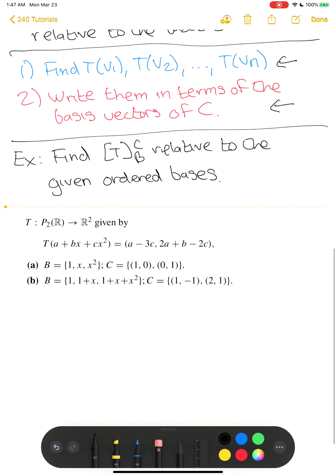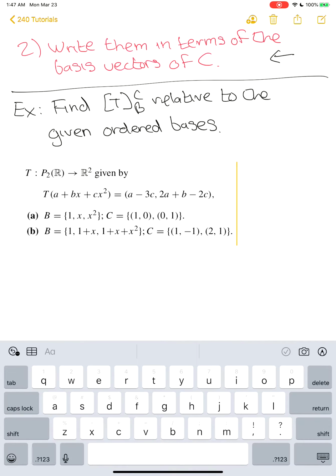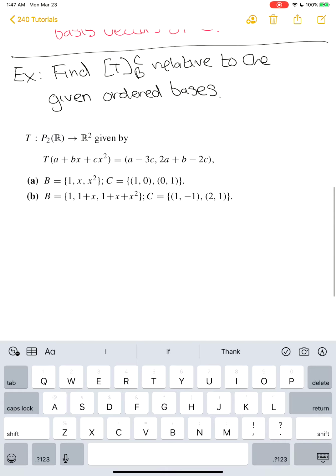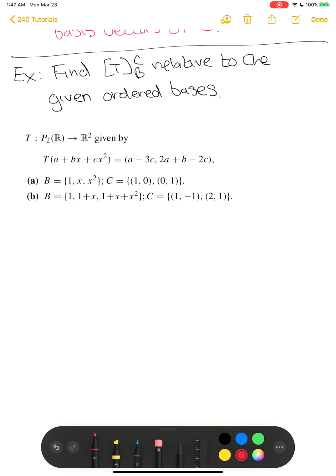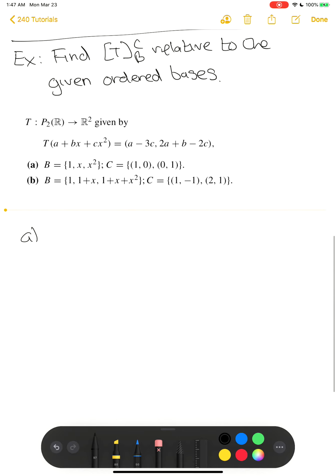Okay, so we're given two parts of the problem. We're given a basis, or two bases, B and C, that correspond to the vector spaces V and W. You'll notice the first one here... Oh, I can't write in here. Okay, I lied. In part A, there we go. These are the standard bases.